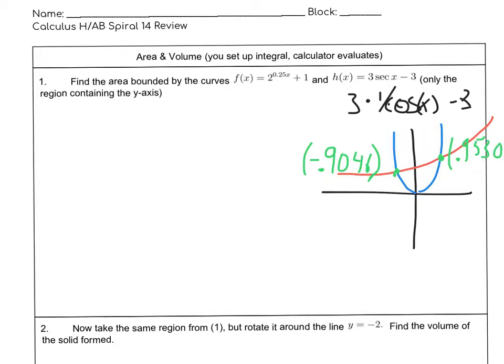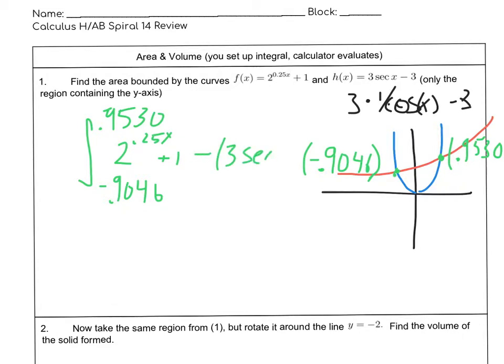Okay, so we're going from, all right, and that integral is going to be from negative 0.9046 to positive 0.9530, and that's going to be 2 to the 0.25x plus 1 minus 3 secant of x minus 3 dx.